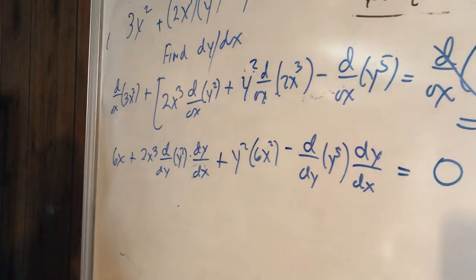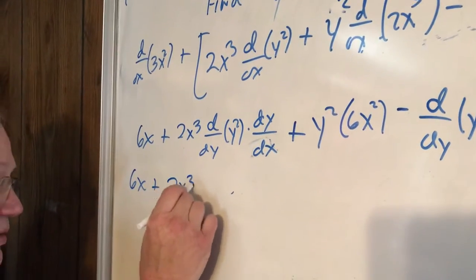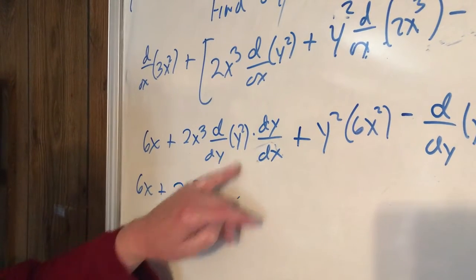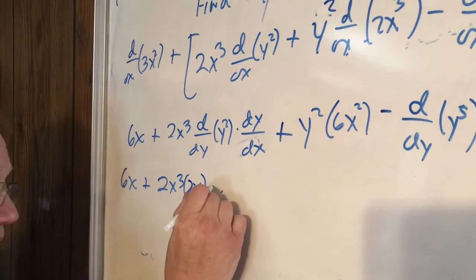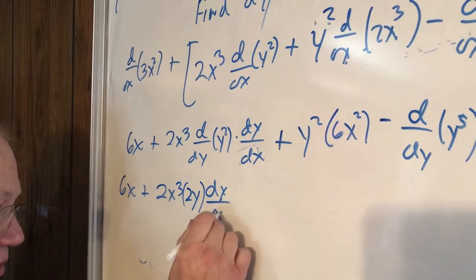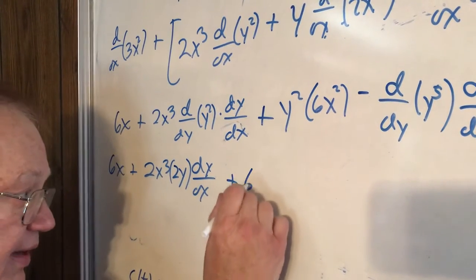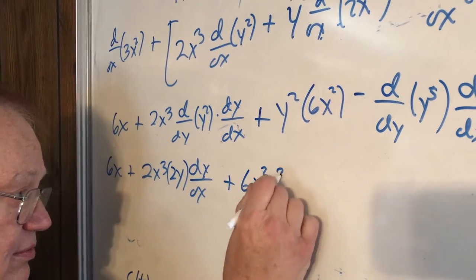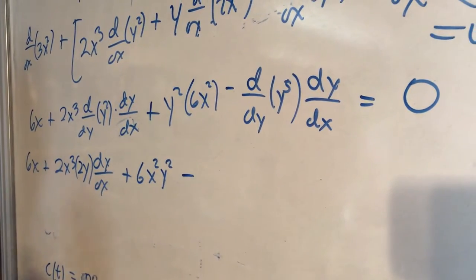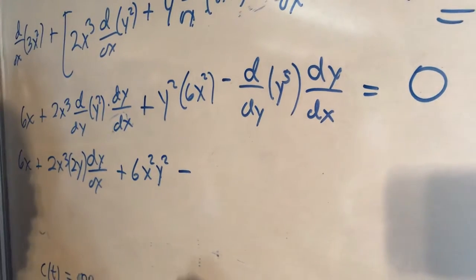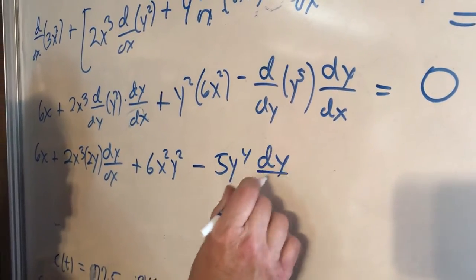So let's see what we get here. We get 6x plus 2x third, the derivative of y squared is 2y, and I have the attachment dy/dx, which I have to keep, plus 6x squared y squared, minus the derivative of y to the fifth, which is 5y to the fourth with the attachment dy/dx.